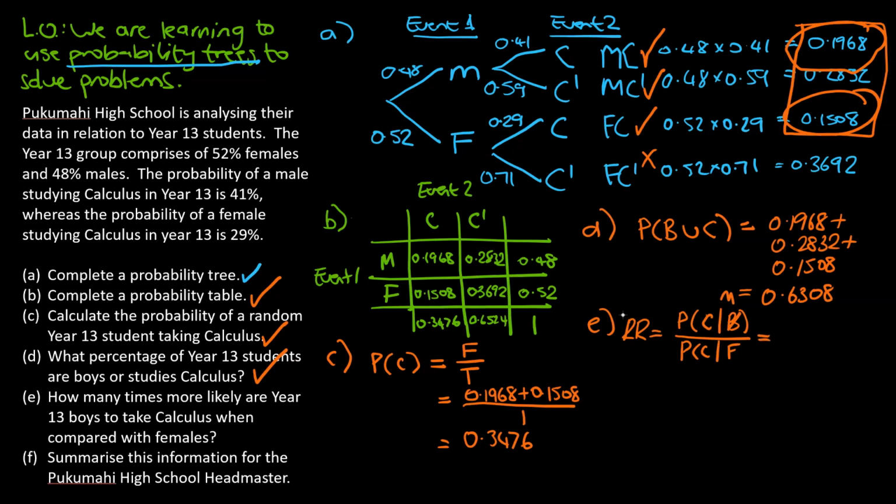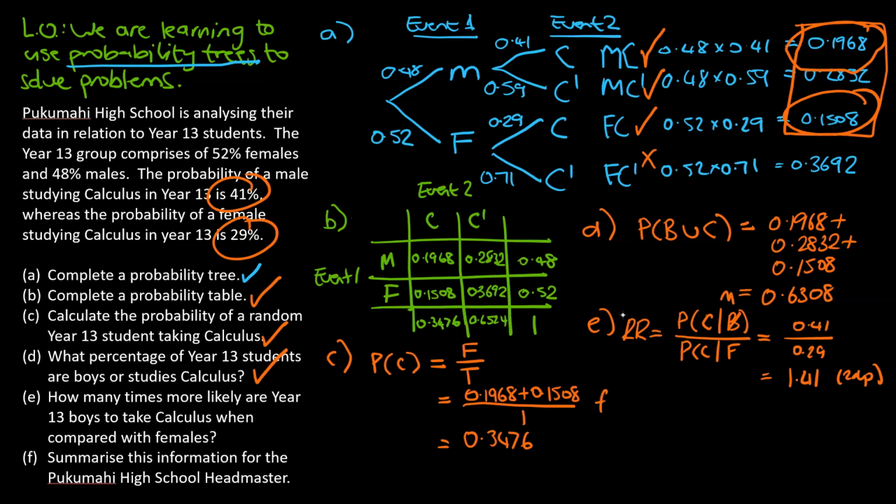And those numbers were given to us in the question. So we've been told boys or males, 41% of them are going to take calculus. So that there is 0.41. We've been told females 0.29. And when we do that, it'll tell us how many times more likely males are to take calculus when compared with females. And that gets us to 1.41. And I rounded that to 2dp.